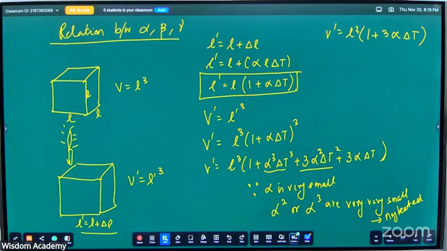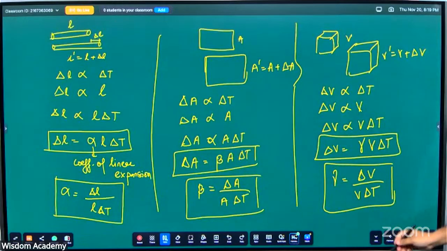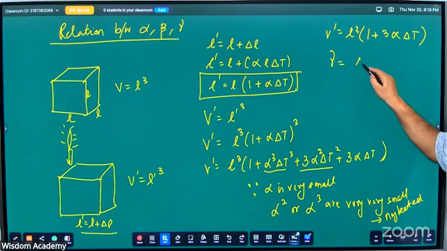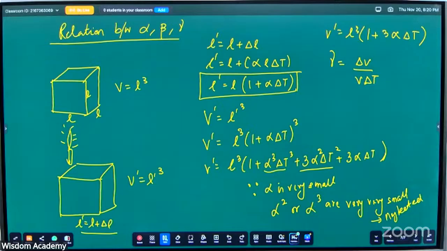Okay. What am I going to do with that? I'm going to write what gamma is. The gamma formula is delta V by V delta T. What is delta V? I can find delta V from here.